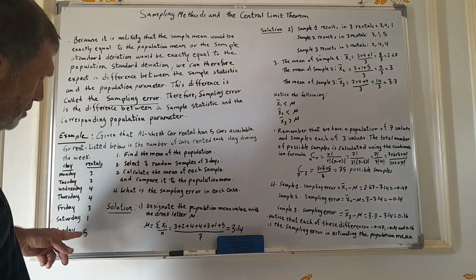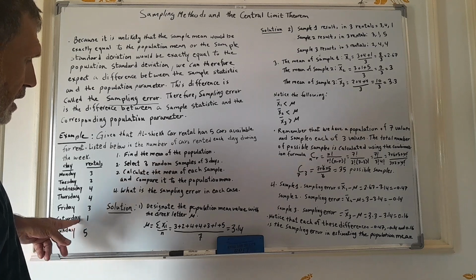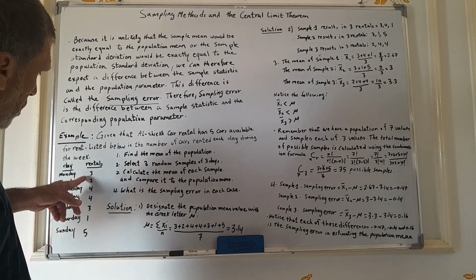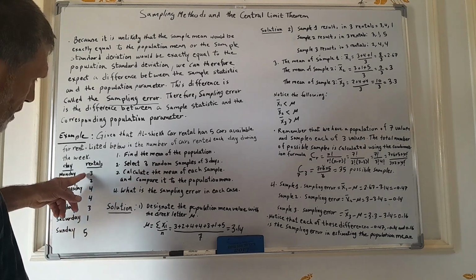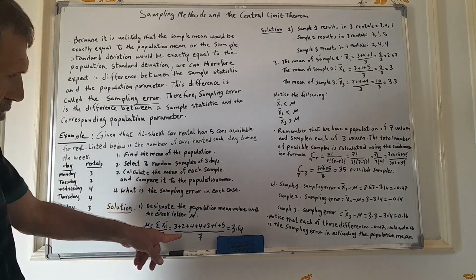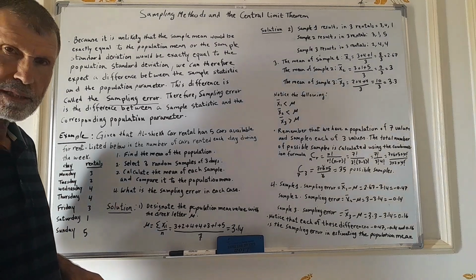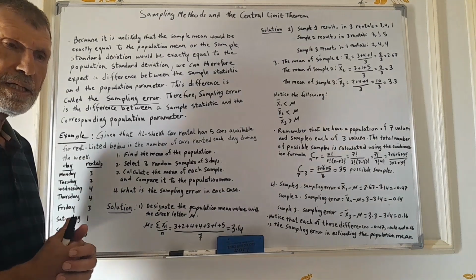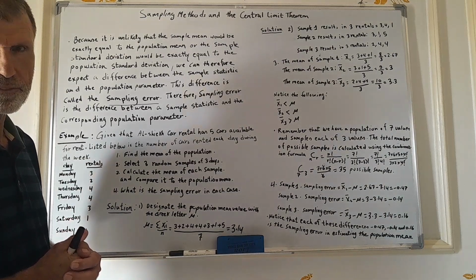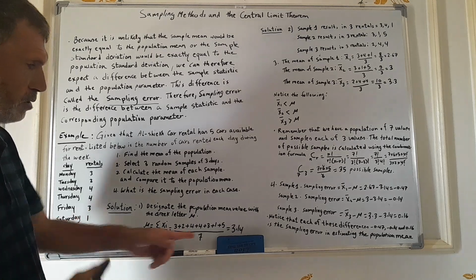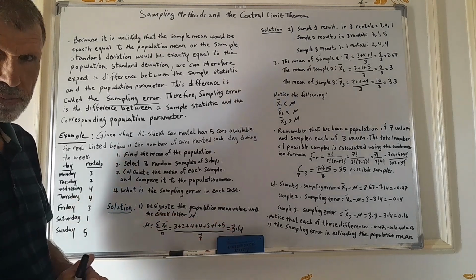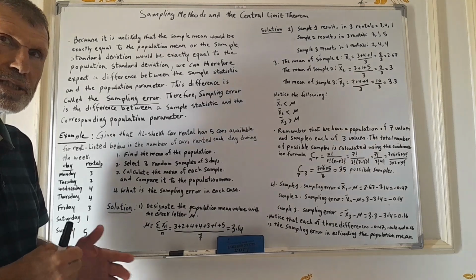This is the population. We sum all of them, and we divide by 7. We have 7 days. So this is the mean of the population, which is a parameter. We come up with 3.14. So the mean of the population is 3.14.